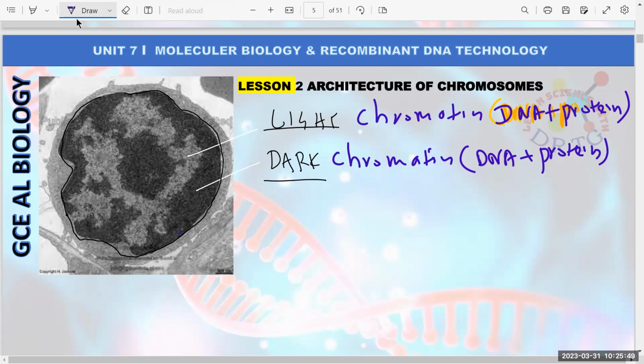Staining. Yeah, this is stained. In the electron microscope we use heavy metals to stain. In the light microscope, we use colors like methylene blue or hematoxylin. But in the electron microscope, we have to use heavy metals like lanthanum. They are heavy metals.